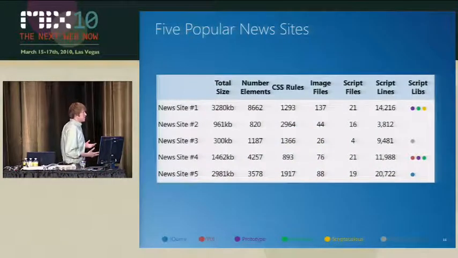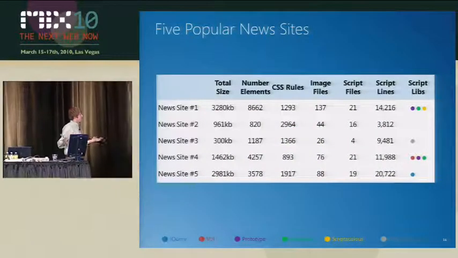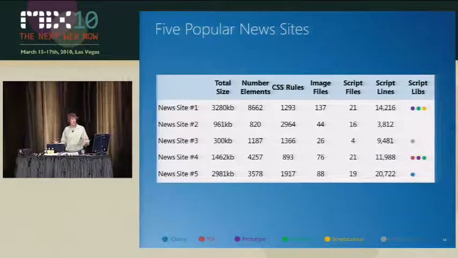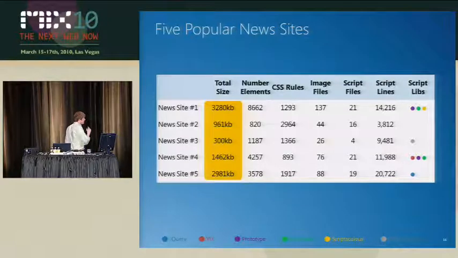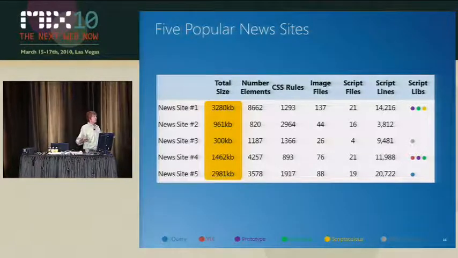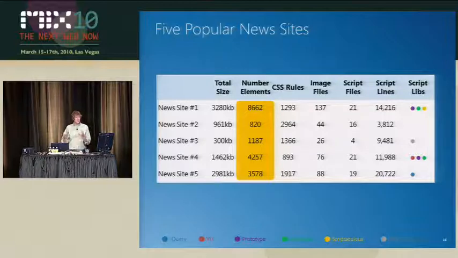Here are some of the characteristics of those news sites that I picked. Again, these are some of the top web properties in the world. Looking through the columns left to right, the left column is the total size in kilobytes of content being downloaded from that news site. The next is the number of HTML elements in the end result of the page.